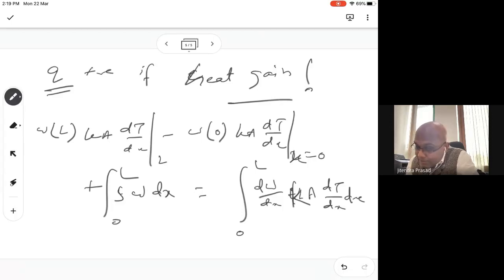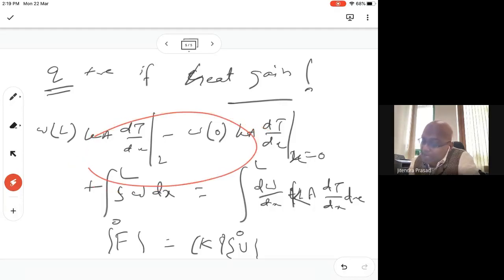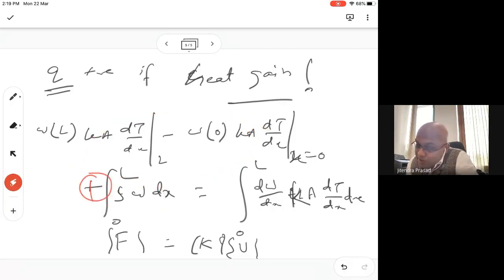Basically this means F vector is equal to K times U. These all are forces only, and you know that a positive value here means S is the heat gain, which makes the force positive.